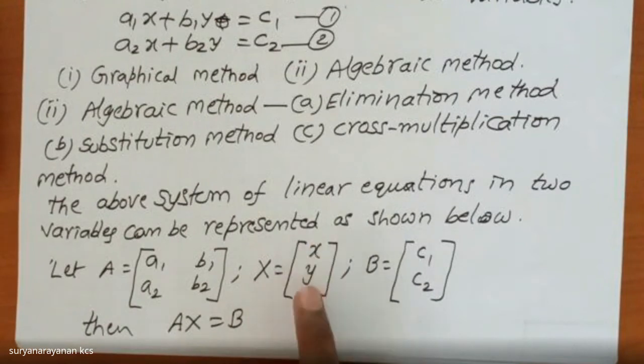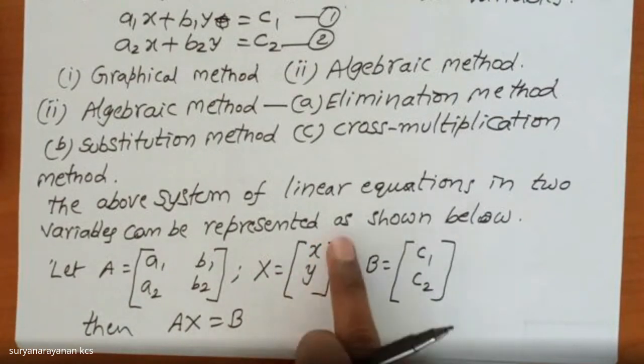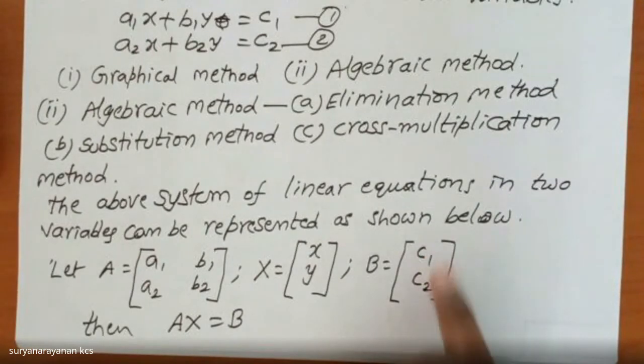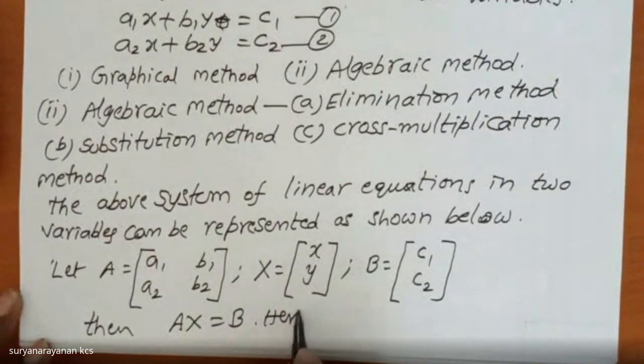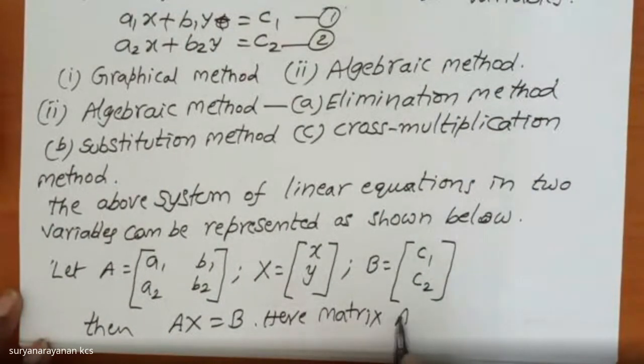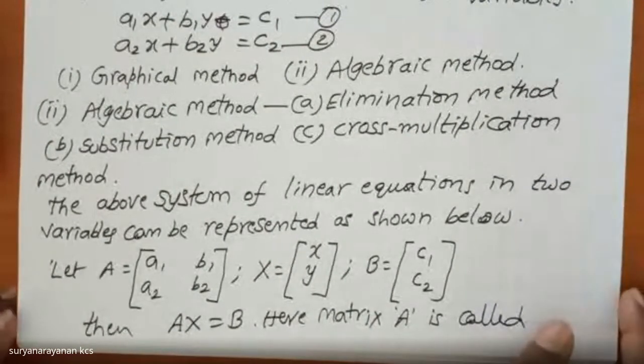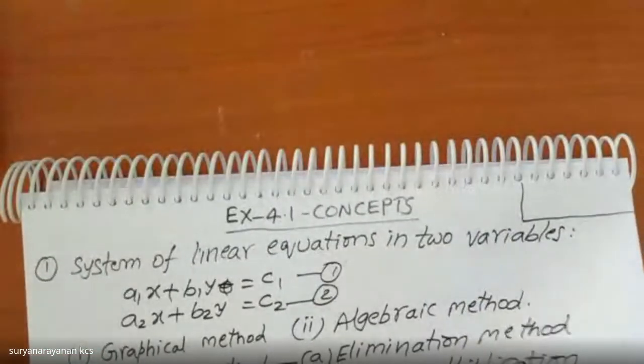X is called the variable matrix because variables are there in this matrix. And here c1, c2, these are called the constant matrix. So please remember the names of these matrices here. Matrix A is called the coefficient matrix.